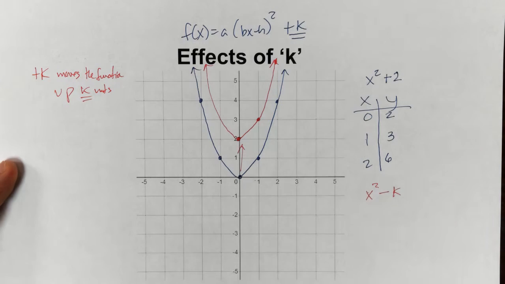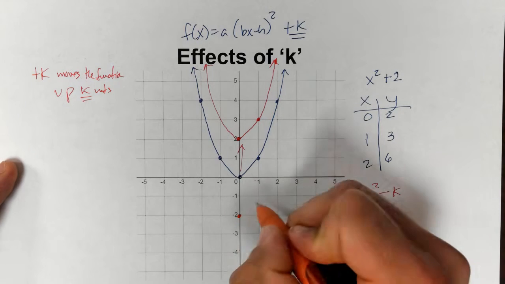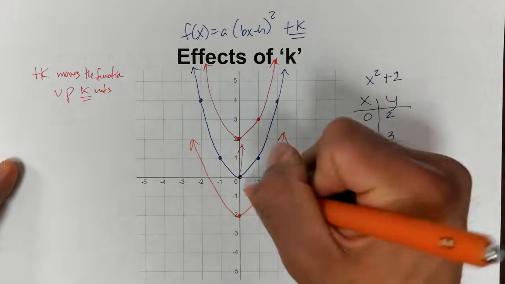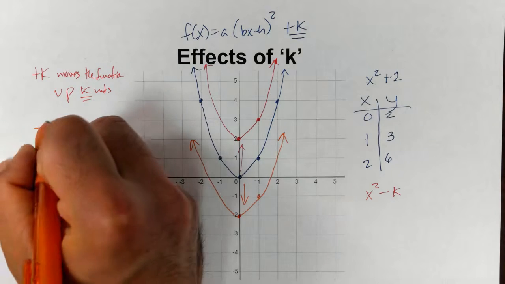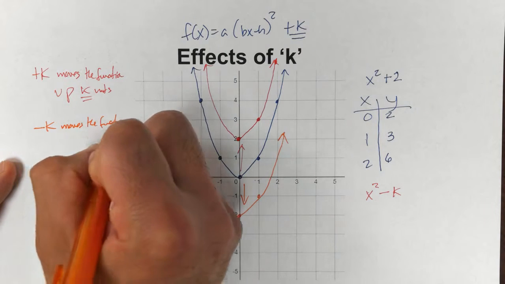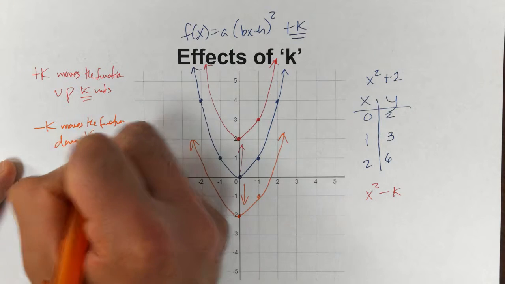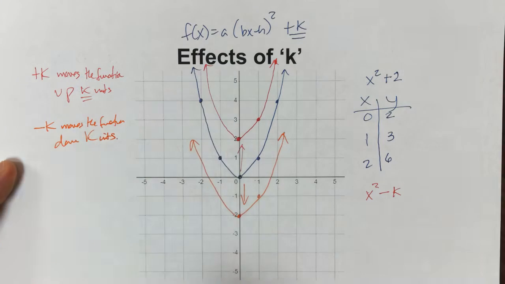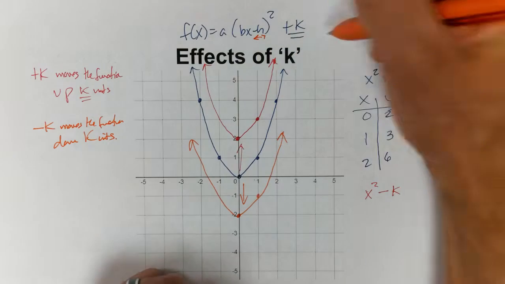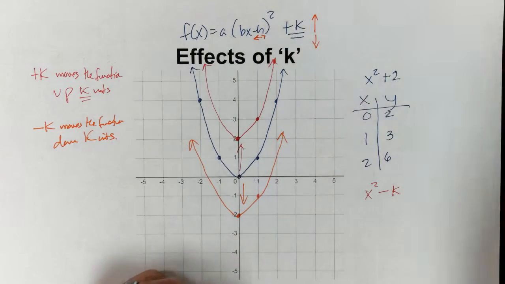It's going to do the exact opposite, right? It's going to shift the function, say, down 2 units. So a minus k moves the function down k units. While h moves the function side to side, k is going to move the function up and down.